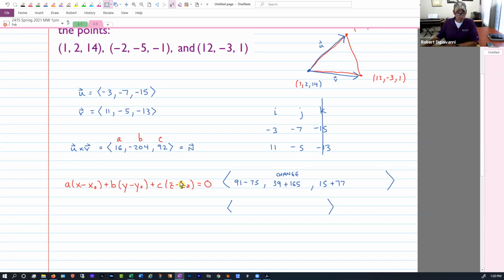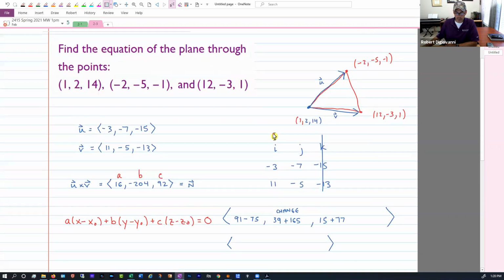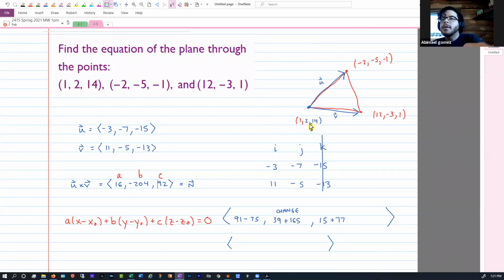So Abi, what do you want to use for x naught, y naught, z naught? Could we use 1, 2, 14? Yes, 1, 2, 14. But actually, any of these 3 points will work. So it's totally up to you.